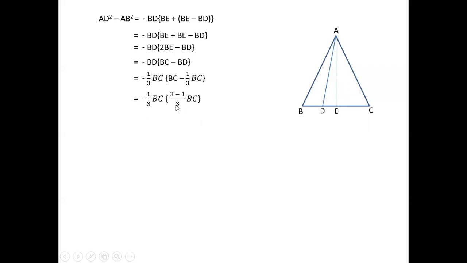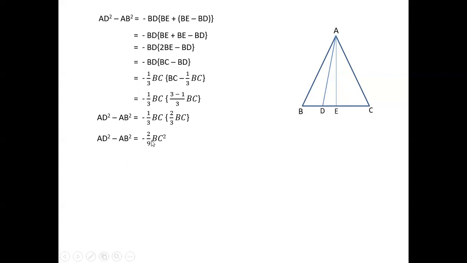So AD square minus AB square is equal to minus 1 by 3 BC times 2 upon 3 BC, which is minus 2 upon 9 BC square.